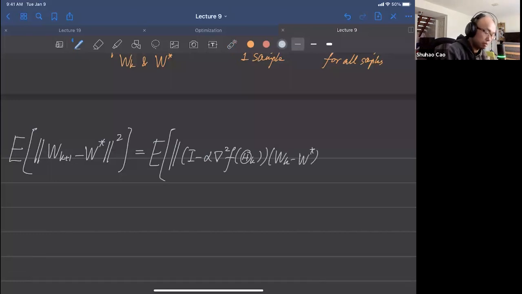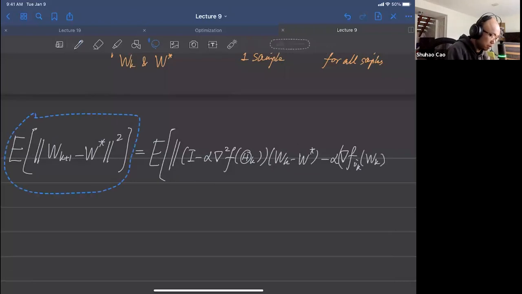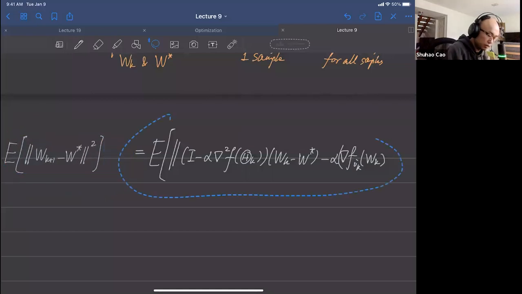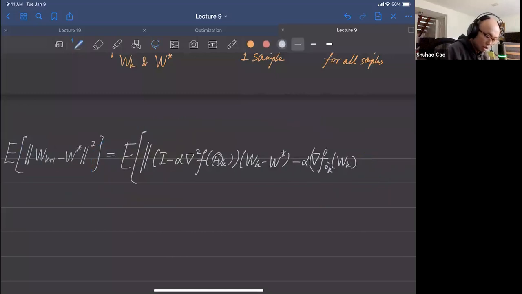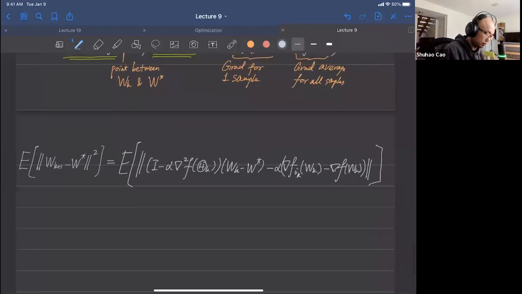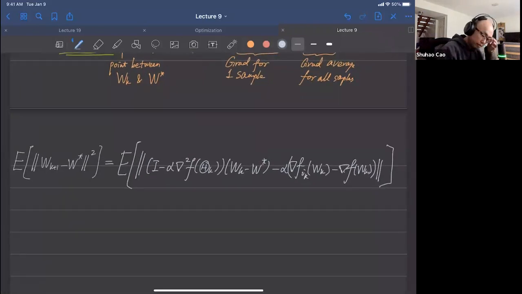So this is our first term, and then our second term is gradient of fik evaluated at wk, then subtract gradient of f at wk, norm, and then bracket, square.